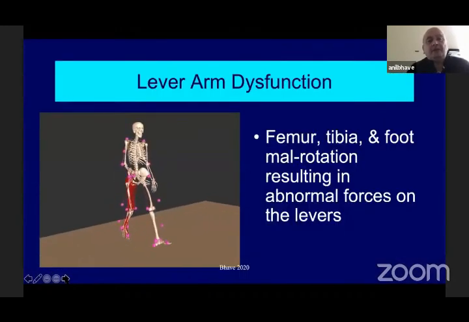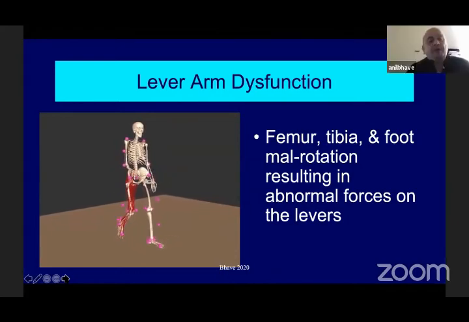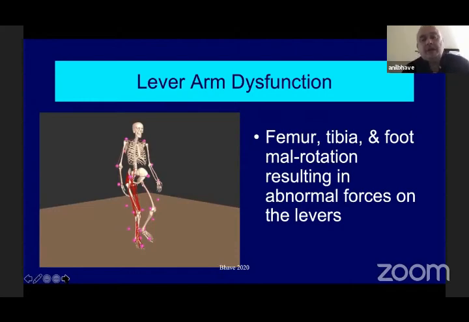So my experience on this is twofold. The lever arm dysfunction, or dynamic deformities, was first popularized by Dr. Gage in Minnesota at Gillette Children's Hospital, and it's a very well-known term in cerebral palsy literature.